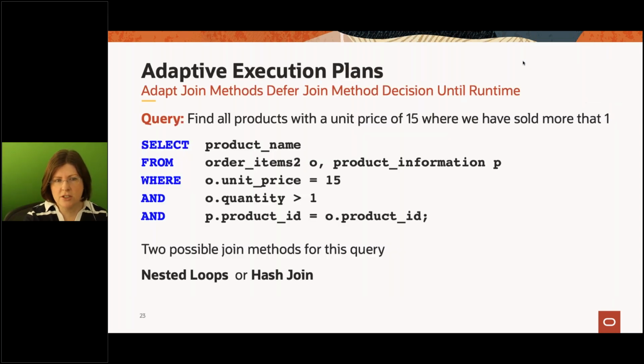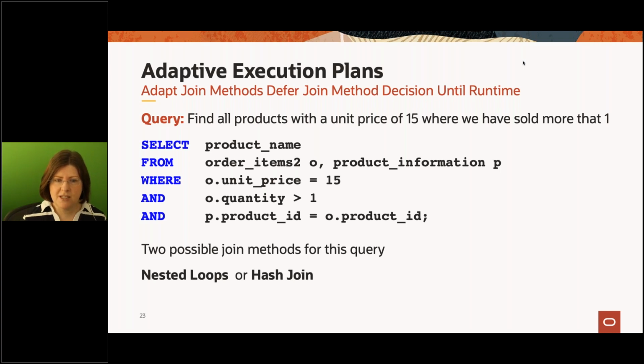Let's say we're doing a two-table join between order items and product information, because I'm trying to find all of the products that have a unit price of 15 and where we've sold more than one of them. Now, I have a join predicate, so I don't need a Cartesian product. It's an equality predicate, so I could go with either a nested loops or a hash join.